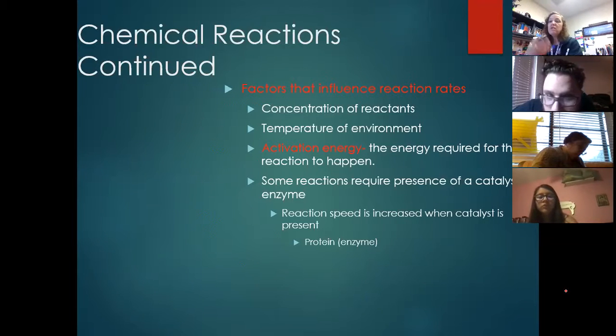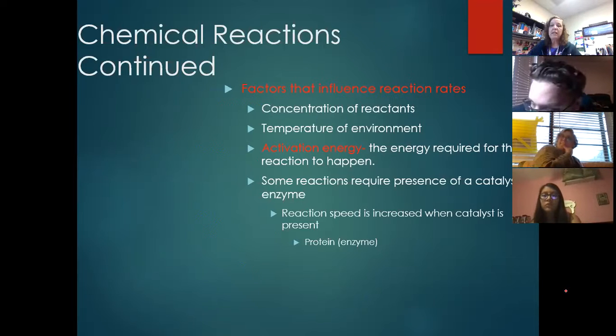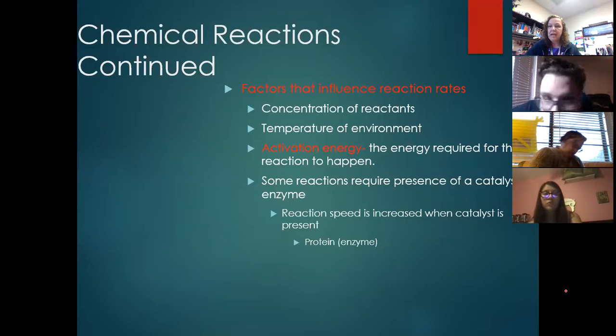So what sort of factors are going to affect our reactions? Well, the concentration of the reactants: the more of something you add, the more effect it's going to have on the creation of a product. We've probably all seen, it's a fun rabbit hole to go down on YouTube, high school science teachers who don't measure out the chemical ingredients correctly, and they end up blowing something up.